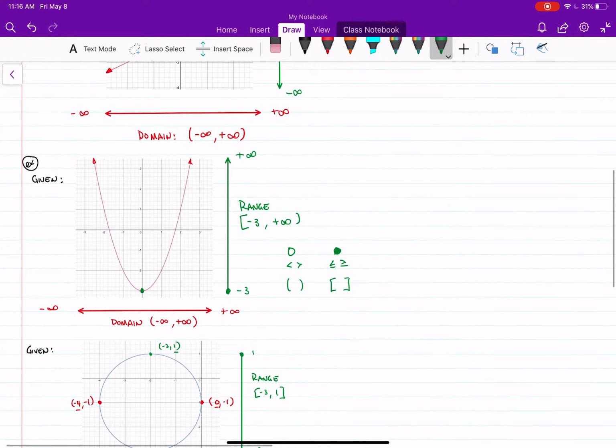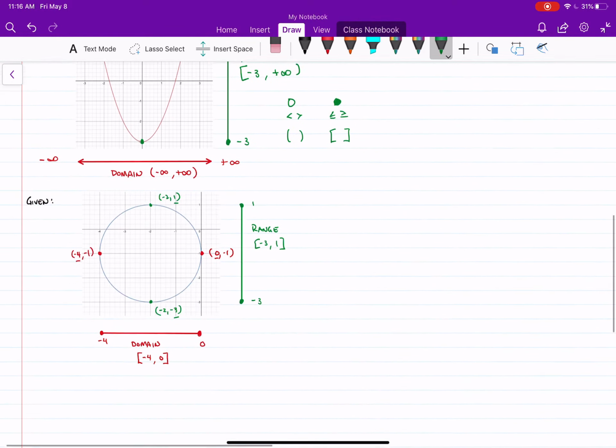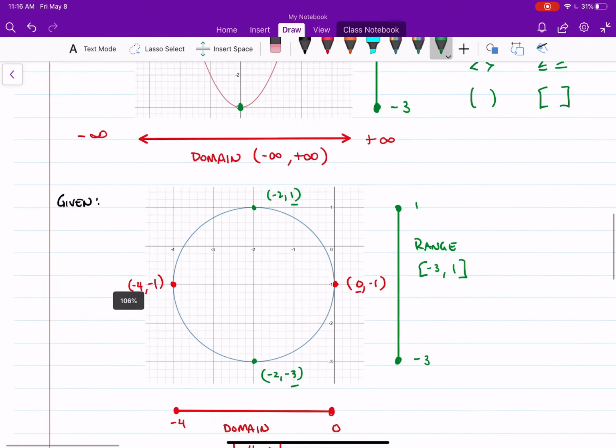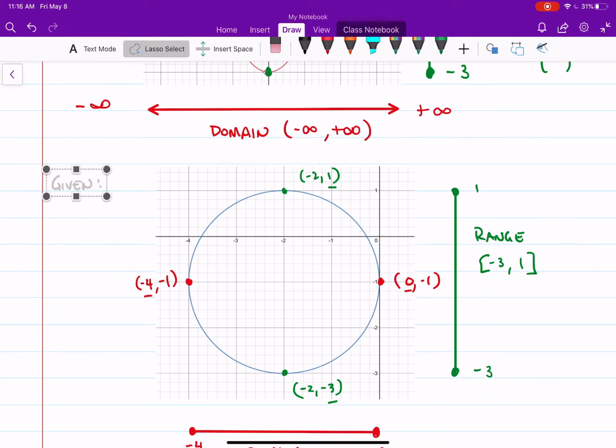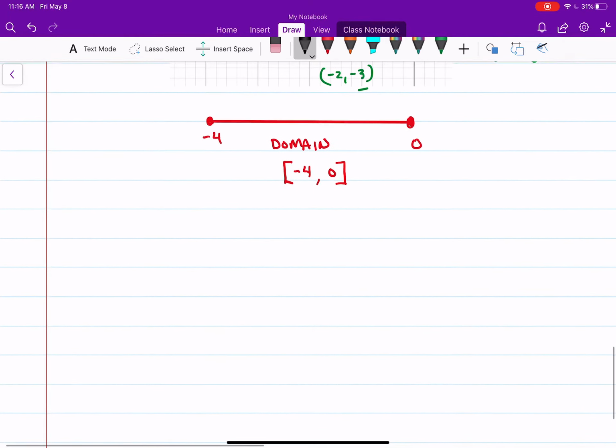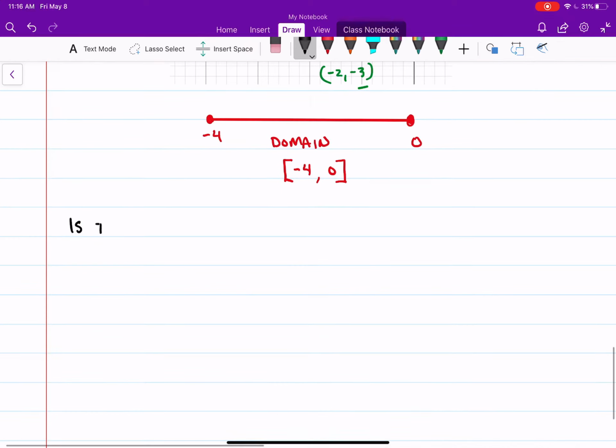Now, to know if these graphs are functions or not, I want you guys to think about this a little bit. Move this over and call this example. Is the relation a function?